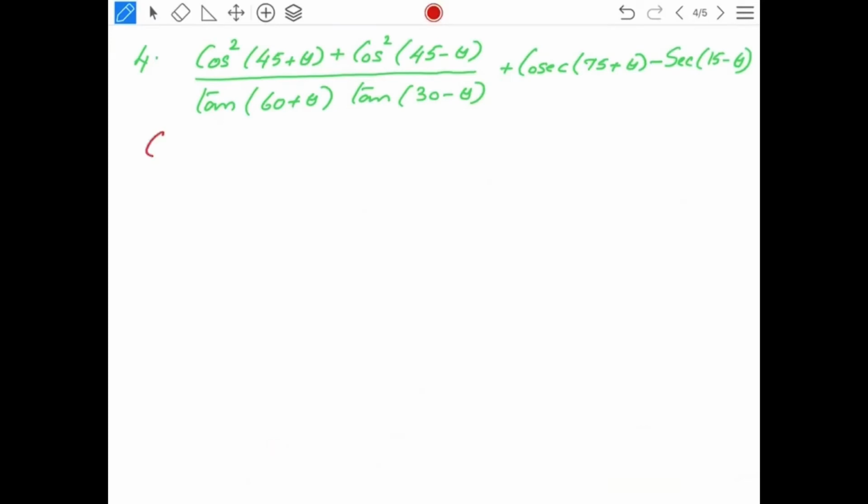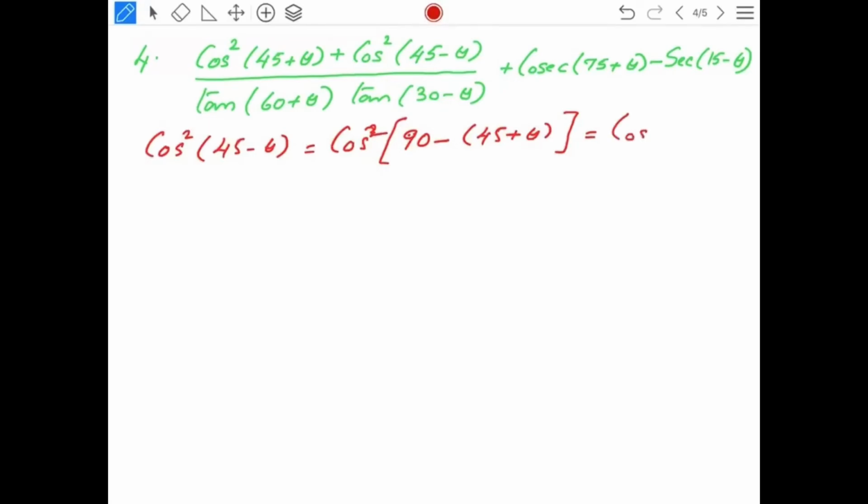So we'll convert cos squared 45 minus theta as cos squared of 90 minus of 45 plus theta. You can check whether you have written it correctly. 90 minus 45 will become 45 minus theta. Cos 90 minus theta will become sin, so sin squared 45 plus theta.